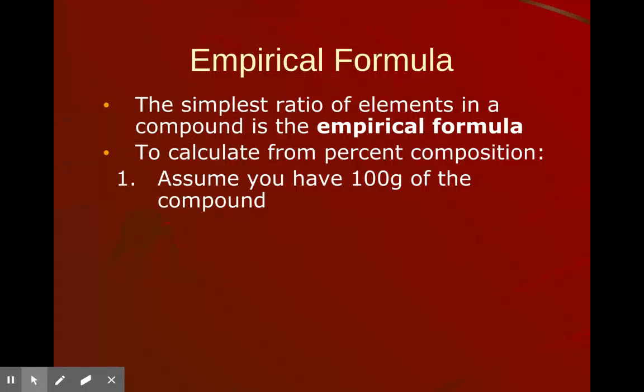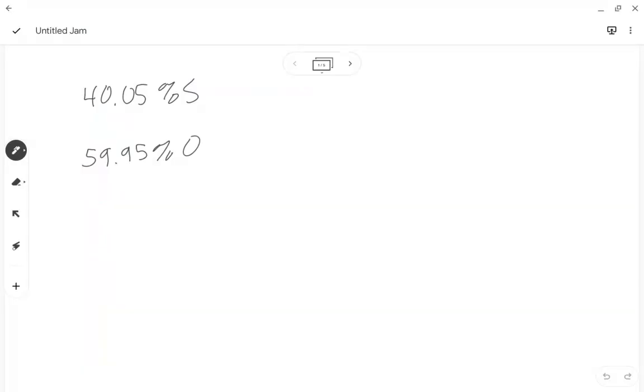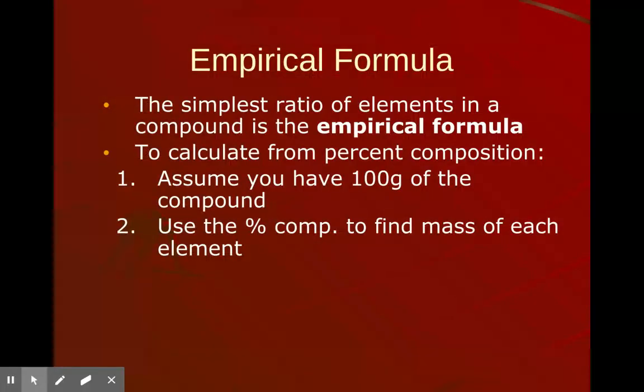So if we assume that we have 100 grams of the compound, then these percents essentially become grams. So instead of it being 40.05% sulfur and 59.95% oxygen, if we have 100 grams of this stuff, then we have that many grams of each.